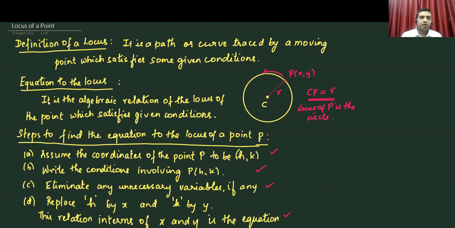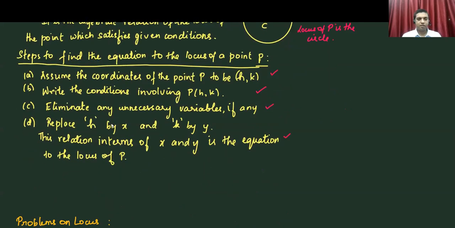Now, equation to the locus is the algebraic relation of the locus of the point which satisfies the given condition. So the given mathematical condition, if we apply and get an equation, that is the equation to the locus. To find the equation of the locus of a point, first step is to assume the coordinates of the point to be some arbitrary h comma k.